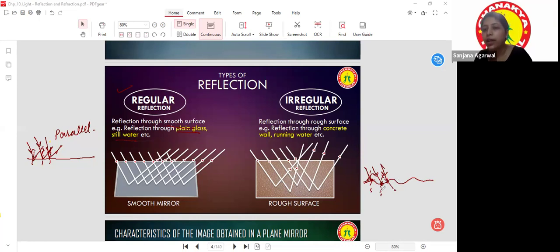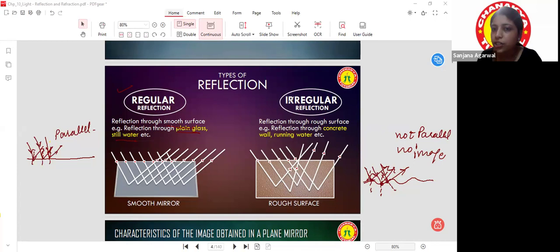When the normals, the perpendicular lines at each point of incidence, are not parallel, the reflected rays will also not be parallel. You can see that the reflected rays move in random or different directions, which do not give us an image at all; they just make the thing visible to us, and no image is obtained. Because the reflected rays are not parallel, we do not get any image.